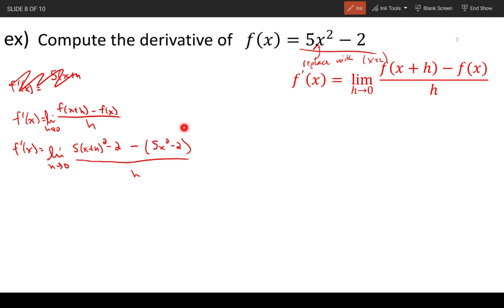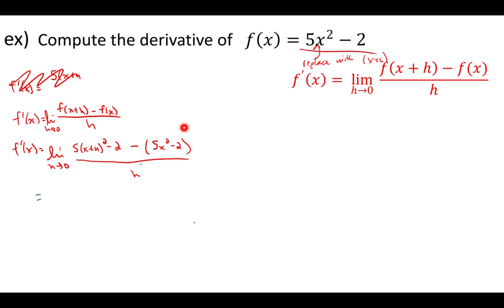All right, and then I'm just going to try to simplify this. We'll still end up with the same result as we did on the last one, except we're not going to have a single number. We're going to be left with a function at the end. So this is going to be the limit as h goes to 0. I need to square that x plus h. So it's going to become 5 times x squared plus 2xh plus h squared when we FOIL it out, minus 2.